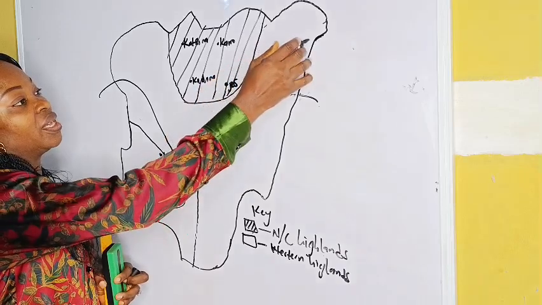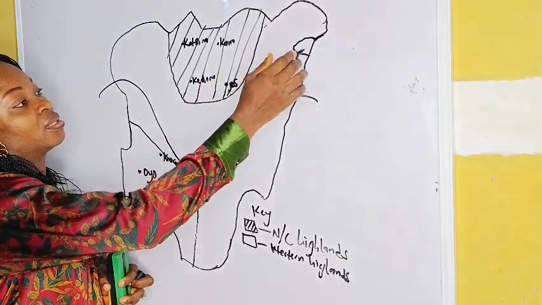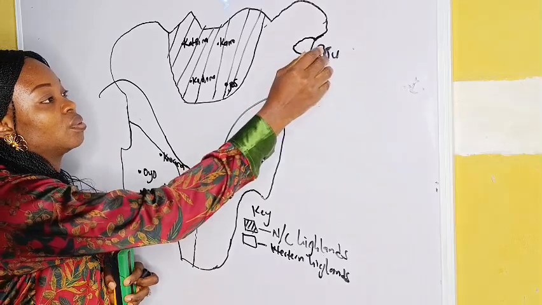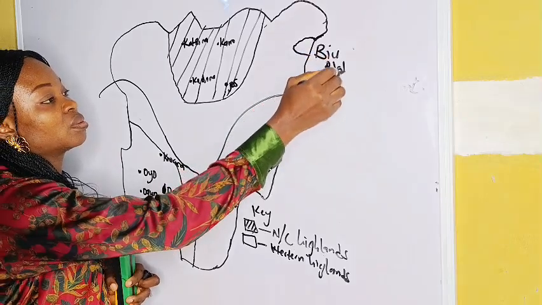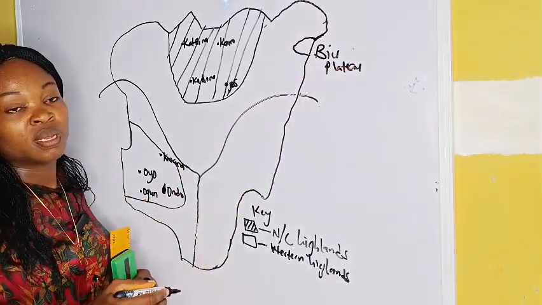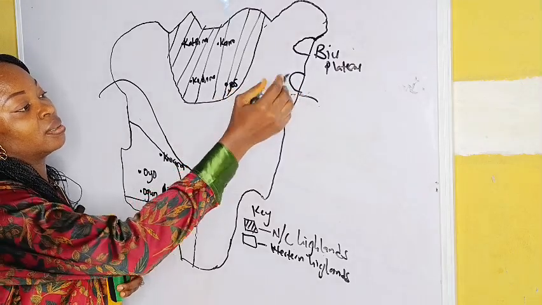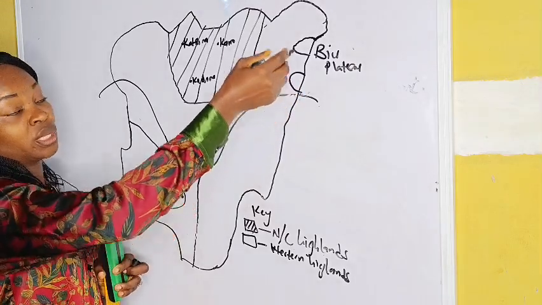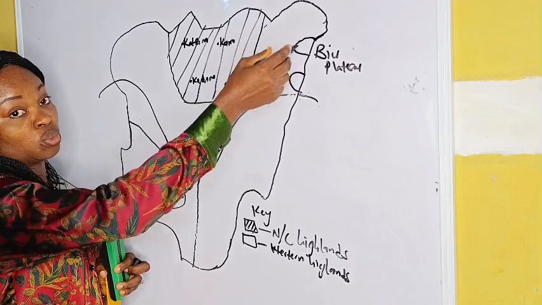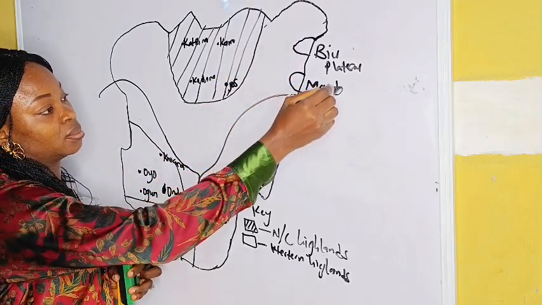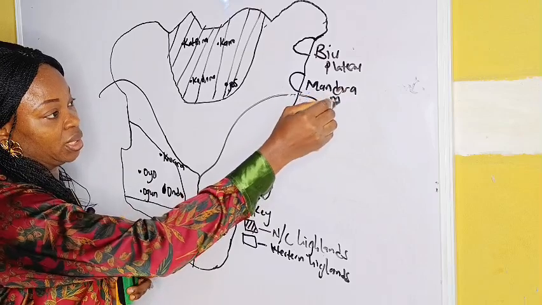Let's go to the next part of the highlands in Nigeria. The first one you have here is found in Borno. The name is Biu Plateau. After Biu Plateau, there's Mandara. Mandara is actually found between Borno and Adamawa. That's Mandara Mountain.